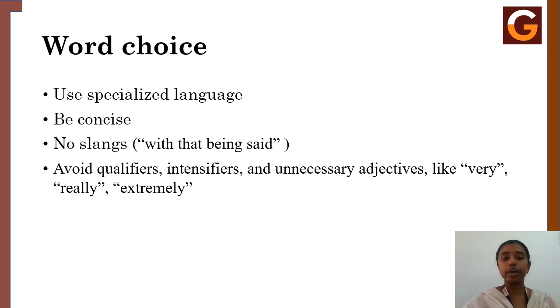Qualifiers are used when you want to emphasize a subject, where we say she was very bad, or she was very good, or extremely good, in order to emphasize the quality of that person or of something. Better look for a direct word which will cover everything instead of using it. Otherwise this makes your text sound very normal. It doesn't give that professional look to your text. So these are the things which the proofreader should remember when he proofreads a text.